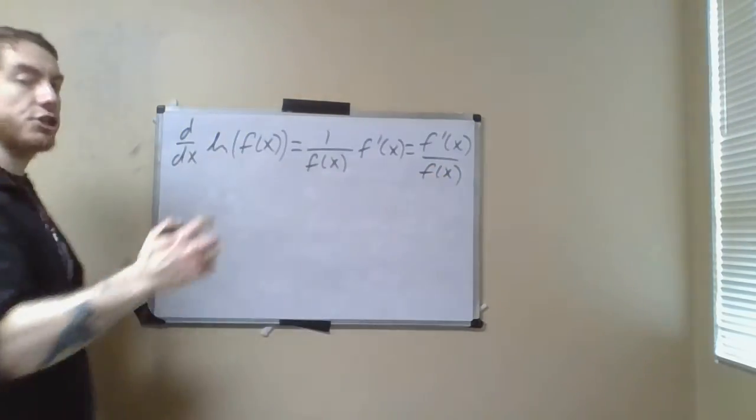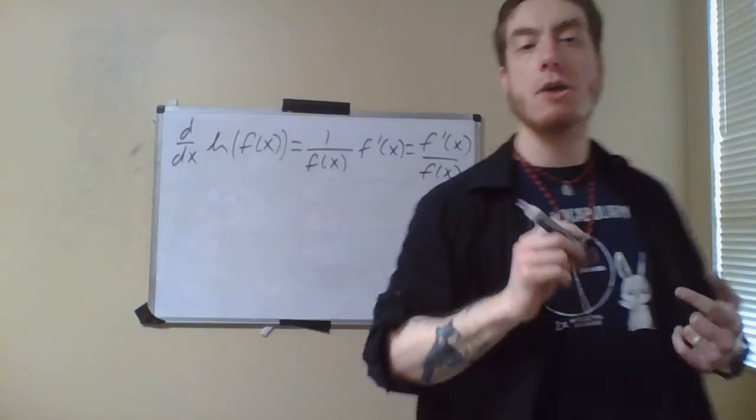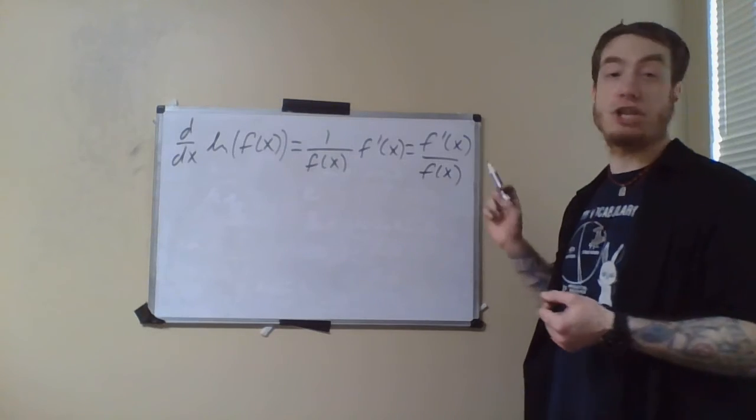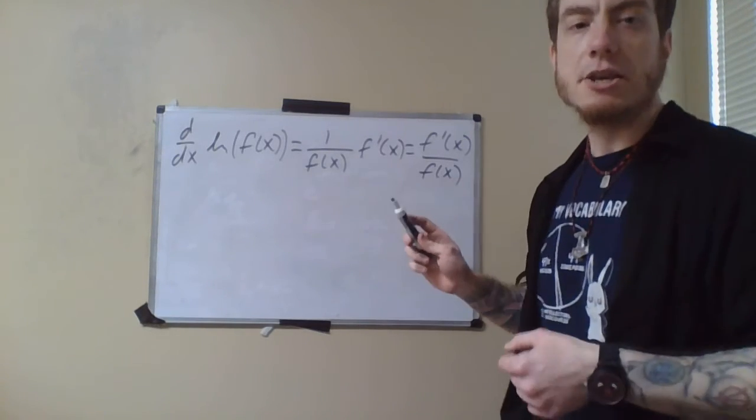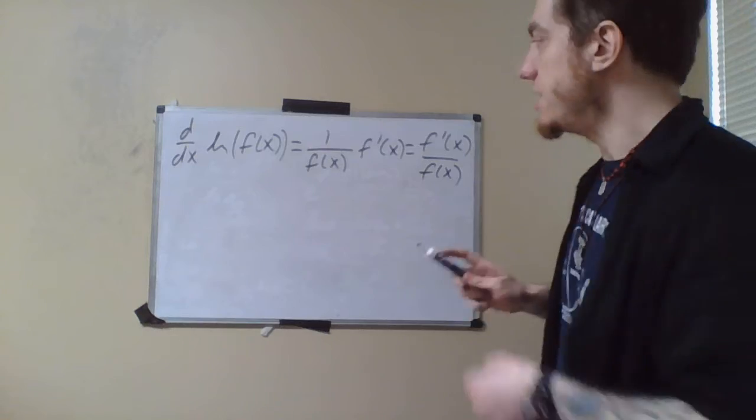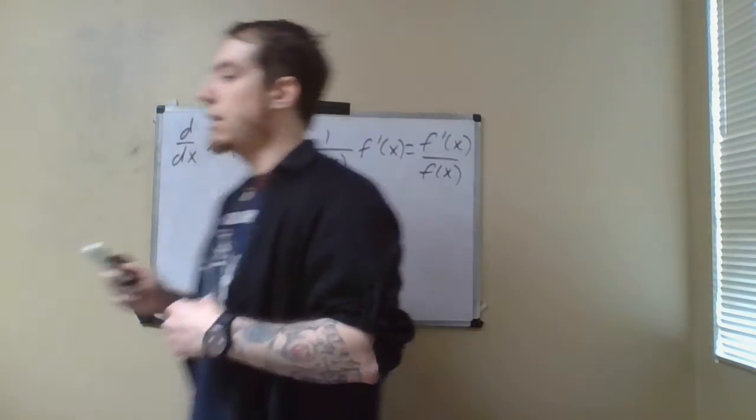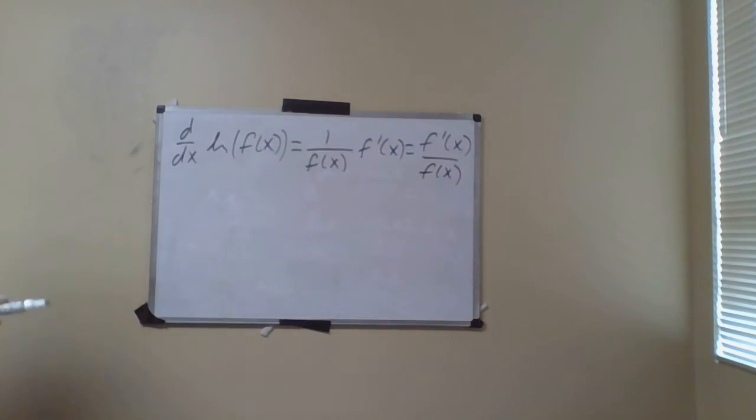So you can use the chain rule very easily, and this is another one of those special cases of the chain rule that comes up often enough you may want to memorize it. The derivative of a natural log of f is f prime over f.